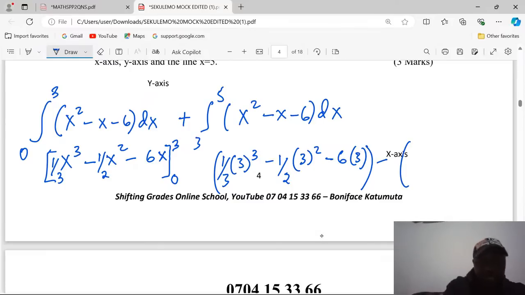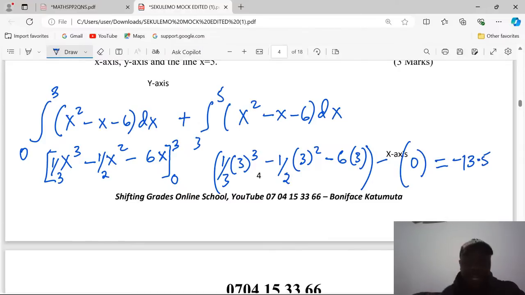And when you substitute 0, because every term has x, it will definitely become 0. So now we can substitute a third into 3 power 3 minus half into 3 squared minus 6 into 3. This is giving me exactly negative 13.5.